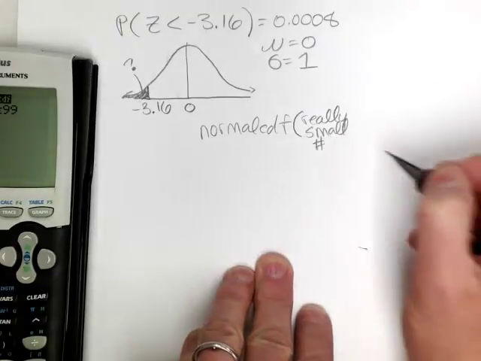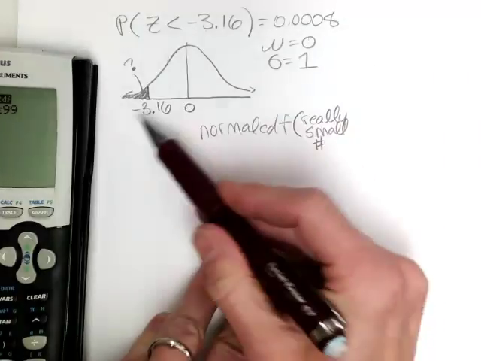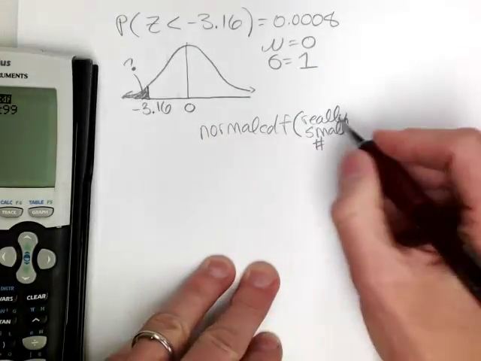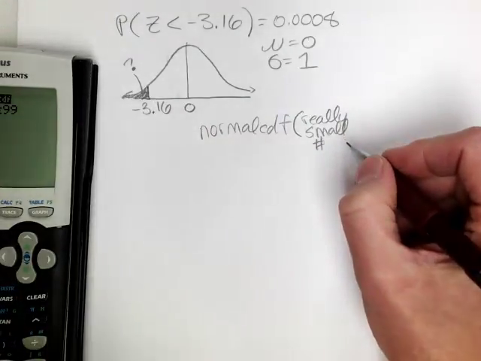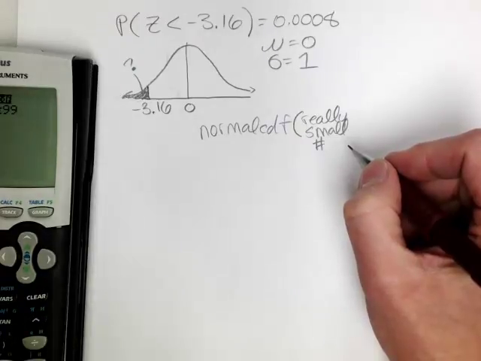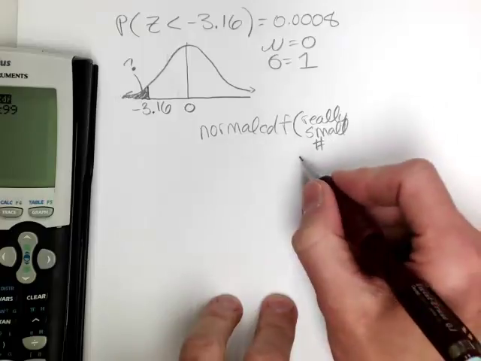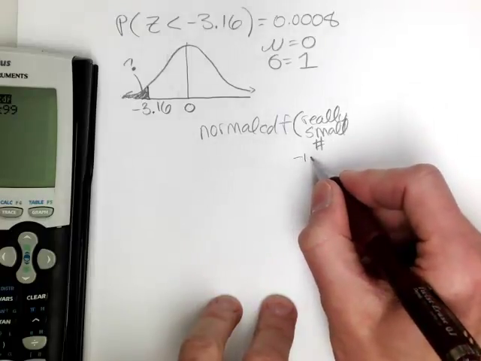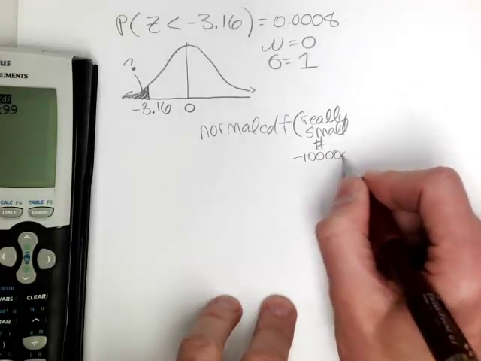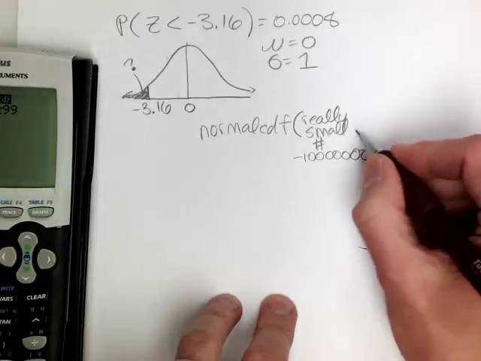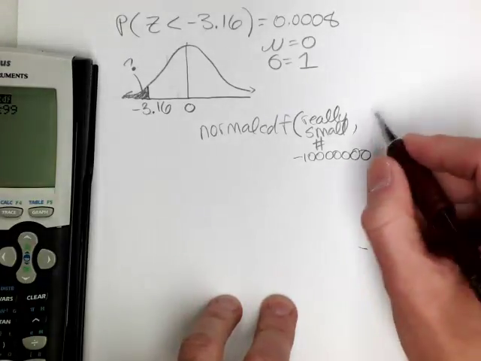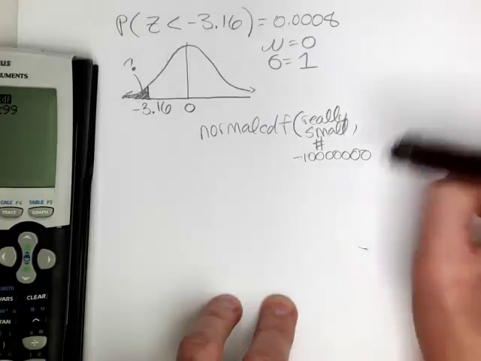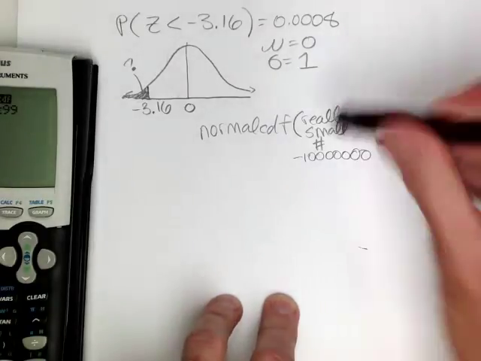Technically it's negative infinity, because we're going from negative infinity up to the point. Now we don't have a negative infinity button on our calculator, so we're going to be using a really, really small number. The book has you putting in something like negative 10 with a bunch of zeros, and that'll work. And then we can go ahead and close the parentheses.